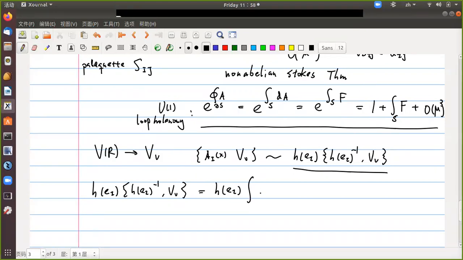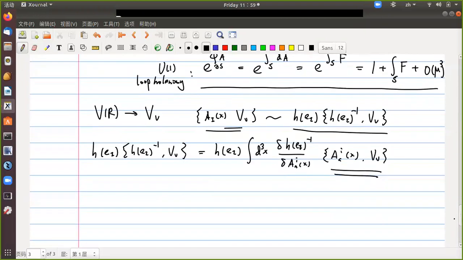That is, d^3x, functional derivative of h_{e_i}^{-1} with respect to A(x), and then the Poisson bracket of A_i(x) with dV. This Poisson bracket is something you have computed already, when we discussed the holonomy-flux algebra.